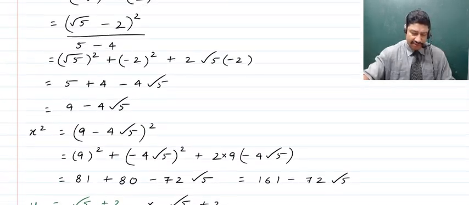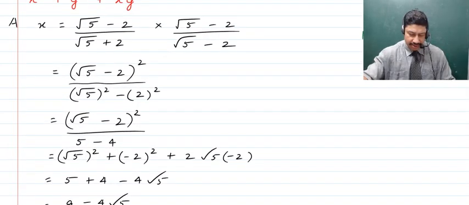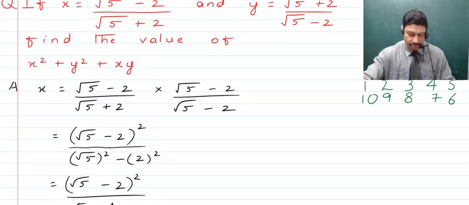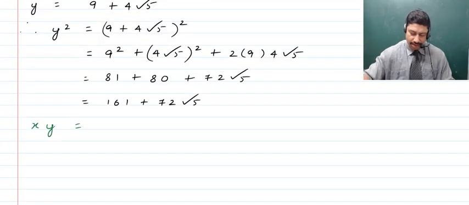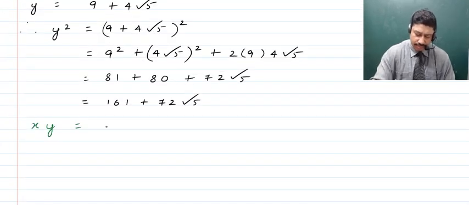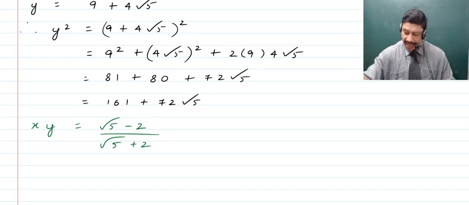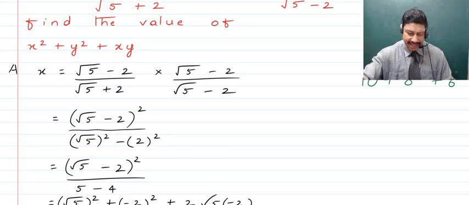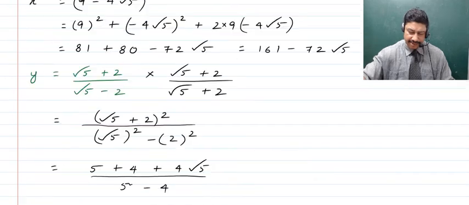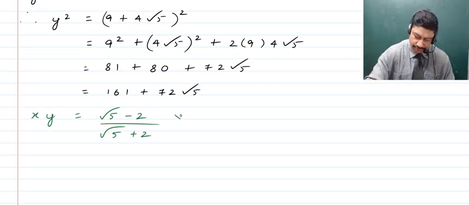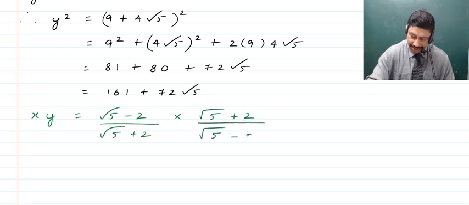We have the value of x to be root 5 minus 2 upon root 5 plus 2, and we just had the value of y, which is root 5 plus 2 upon root 5 minus 2.